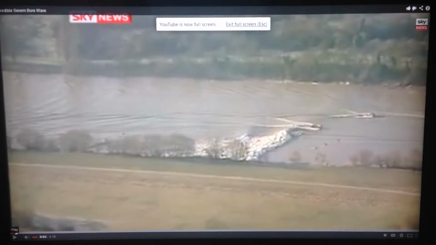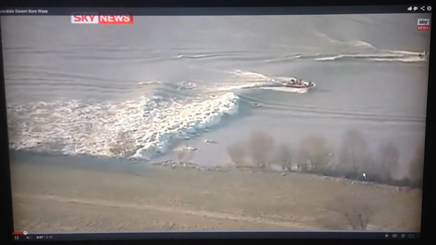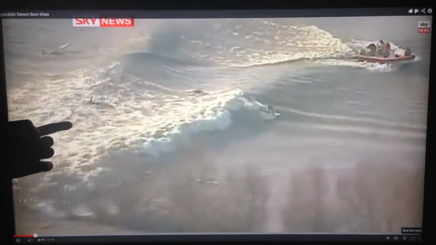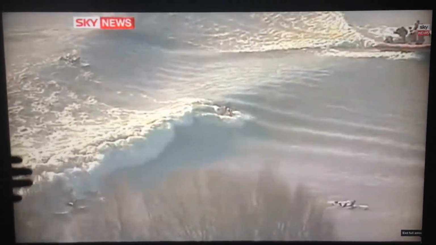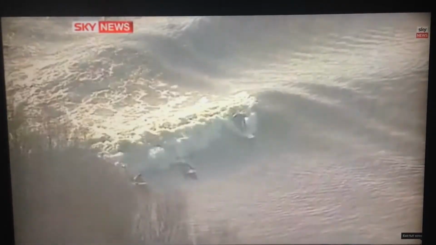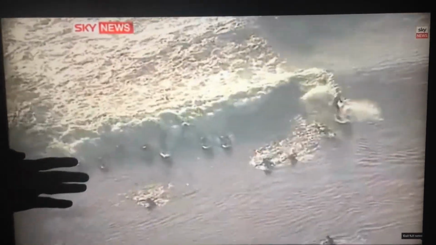This one is the Severn bore, and you can see here's the riverbank, and here is the rise of the tide that's causing a wave to propagate upstream, and it has a large force, and the depth of this wave is higher than the depth of the river.